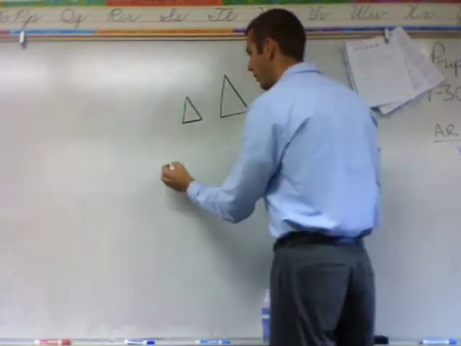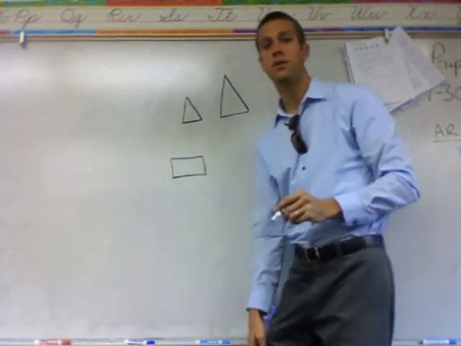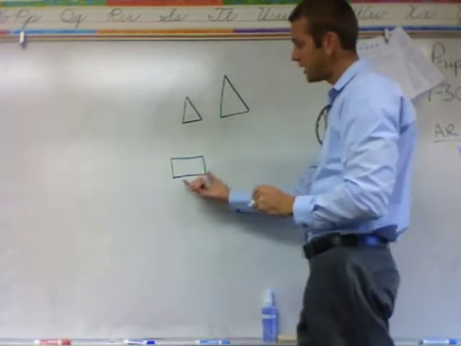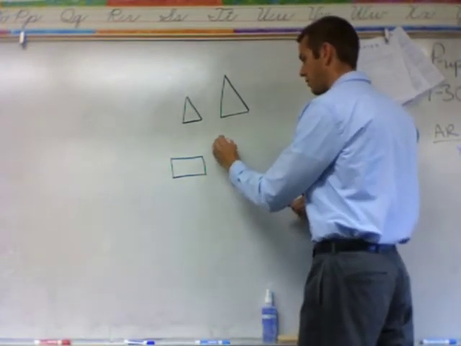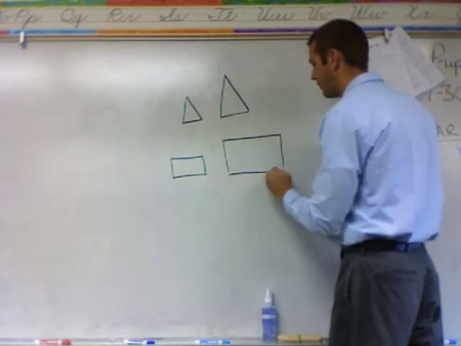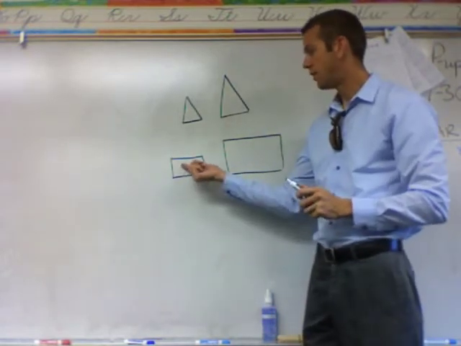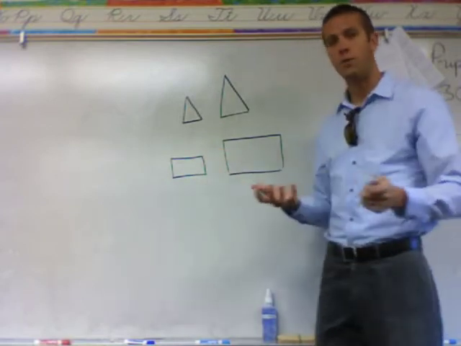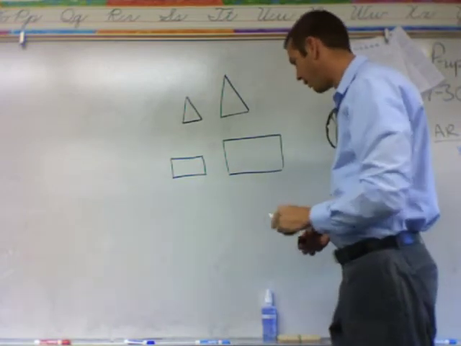In your book, I believe you're supposed to draw two rectangles that are similar, but not congruent. So this one, I need to enlarge to make it look similar, but still have the same shape and angles. These two rectangles are pretty similar as best as I could without actually measuring. So that's what's similar and congruent.